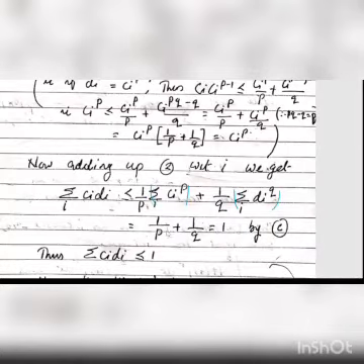So we will get 1 by P plus 1 by Q, that is equal to 1. So we have proved that sigma c_i d_i is less than or equal to 1.